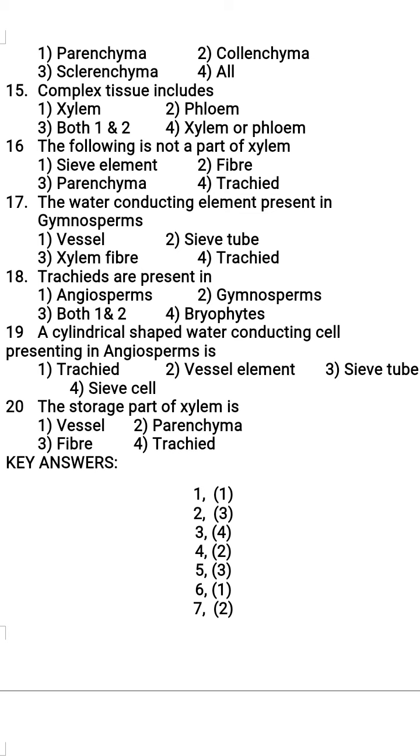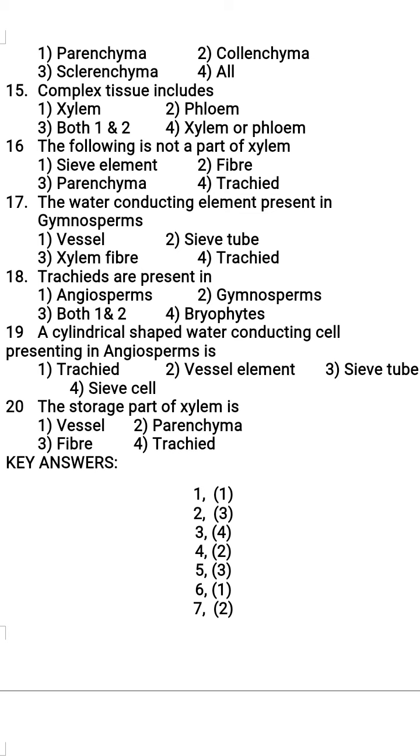So xylem and phloem. Then why don't we choose the fourth one, xylem or phloem? See the logic, students. The fourth option is typically wrong to choose because the question is confusing, as either xylem or phloem is absolutely the wrong answer.